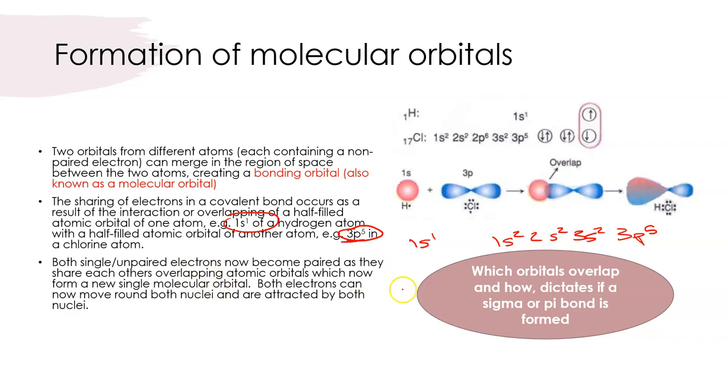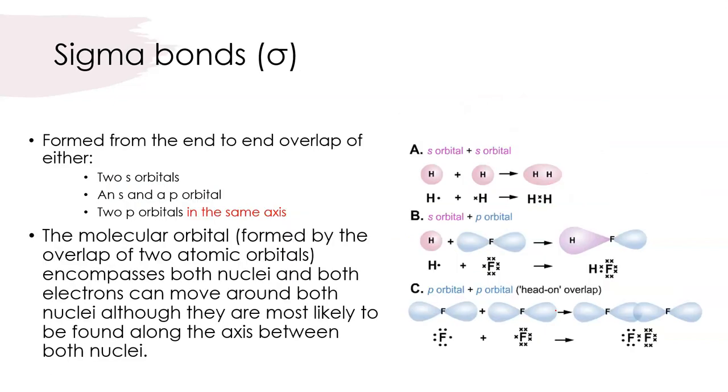Which orbitals overlap and how dictates whether we call it a sigma or a pi bond. Hopefully this will all seem very familiar.